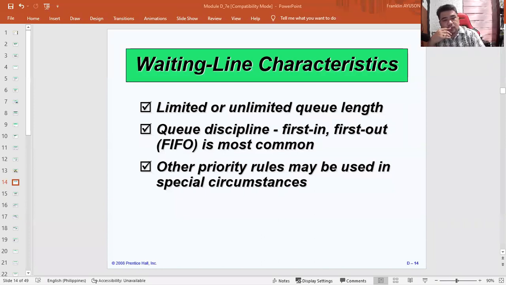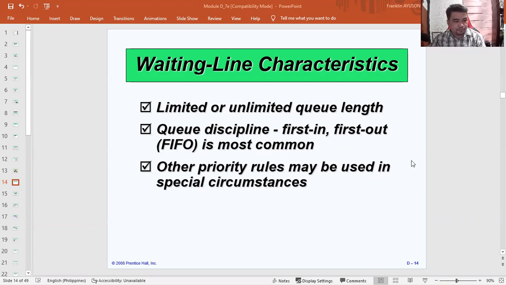That is what we call the priority lane, the priority rules in queue discipline, treated as special circumstances.